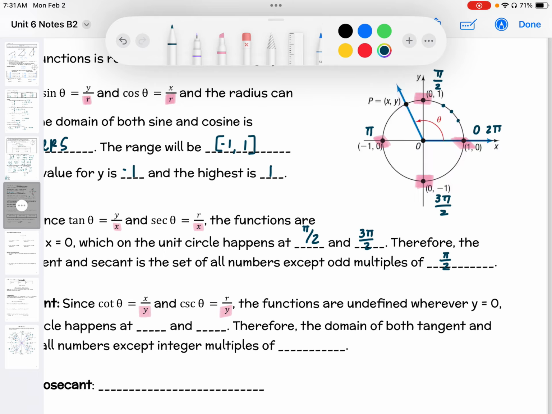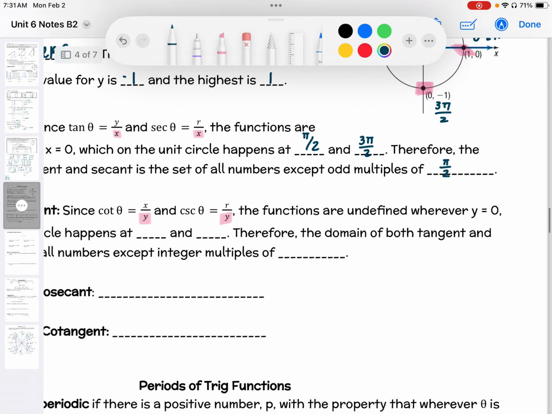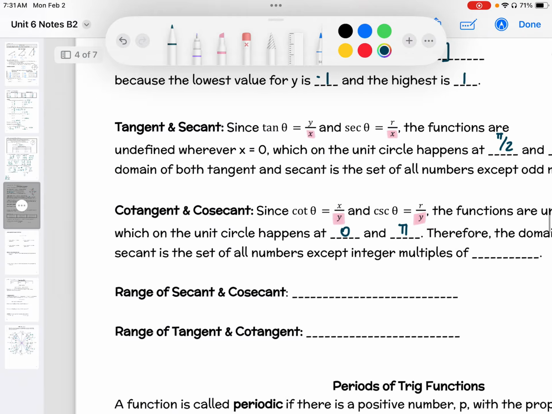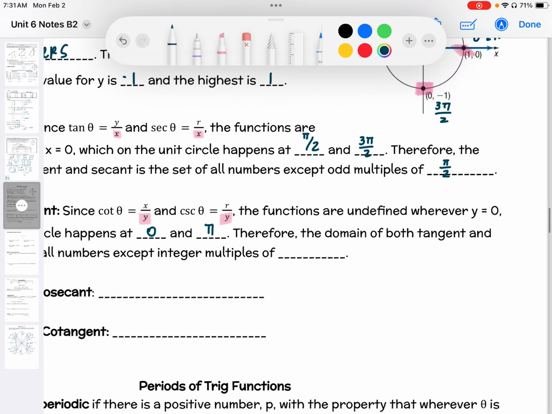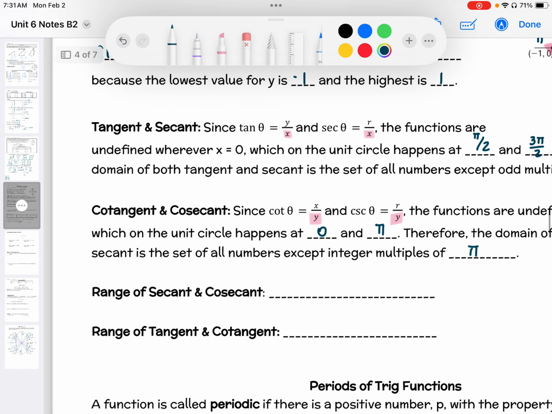So we're going to say that happens at 0 and pi on the unit circle. Therefore, the domain of cotangent and cosecant is the set of all numbers except integer multiples of pi. Integer multiples meaning it's not a fraction, so it's like 0, pi, 2 pi, 3 pi, 4 pi, 5 pi, as we keep rotating around the circle.